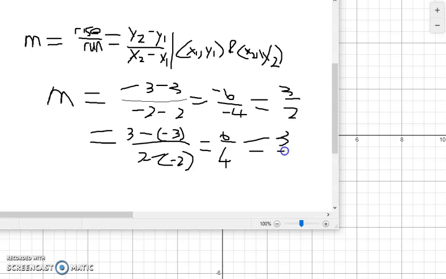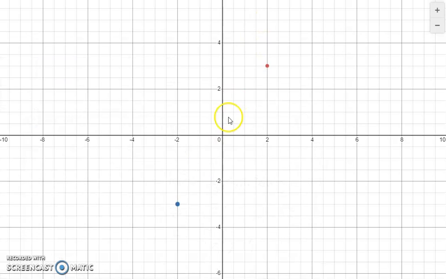I got the same answer. And that makes sense, because if you look over here, as the x value is increasing, the y value is increasing.